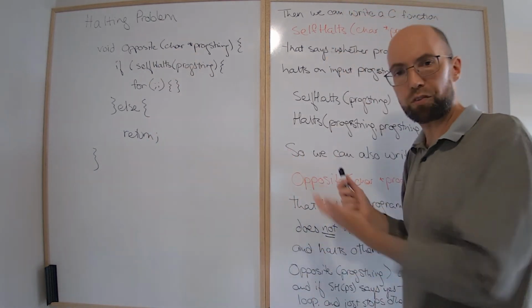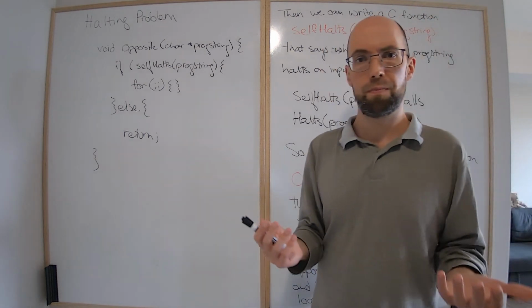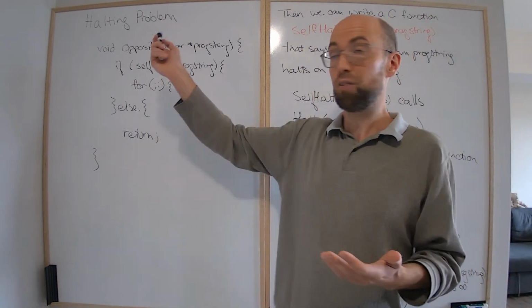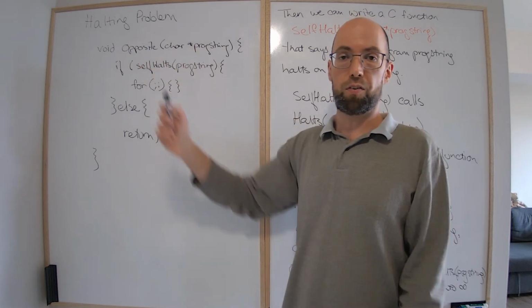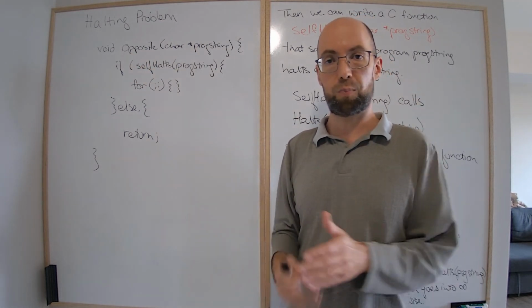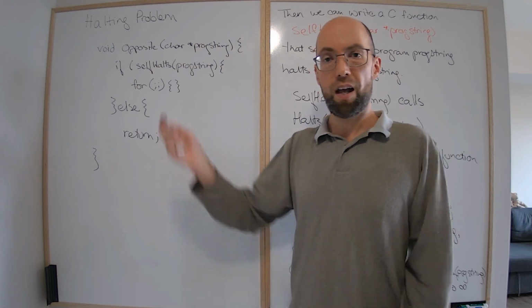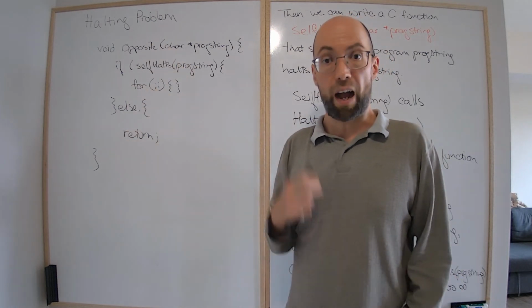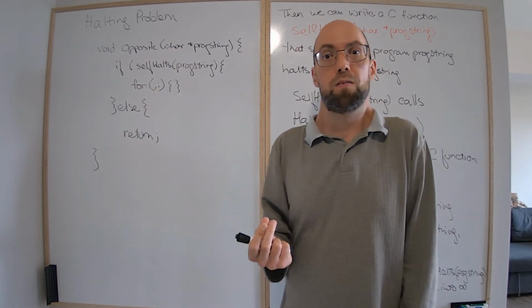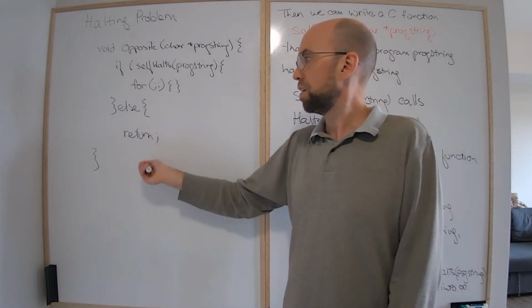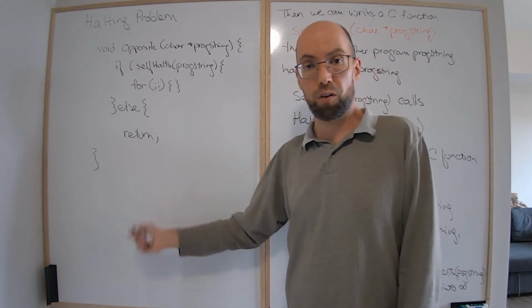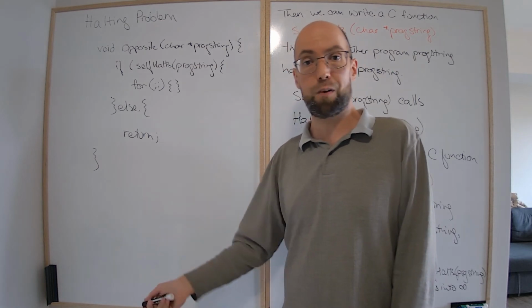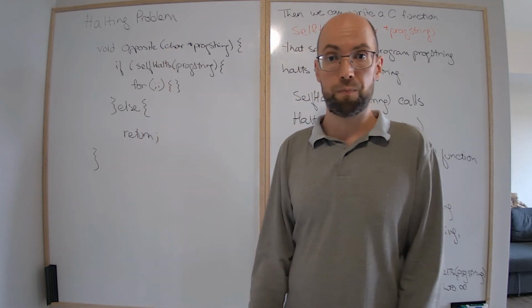And then halts is a C program, so it's a string, so I can expand it. So instead of calling self halts, I can just expand that out, and expand halts out, and write this whole thing as a string, right? If I have the function self halts in the same file, and I have halts in the same file, the whole thing is a string.